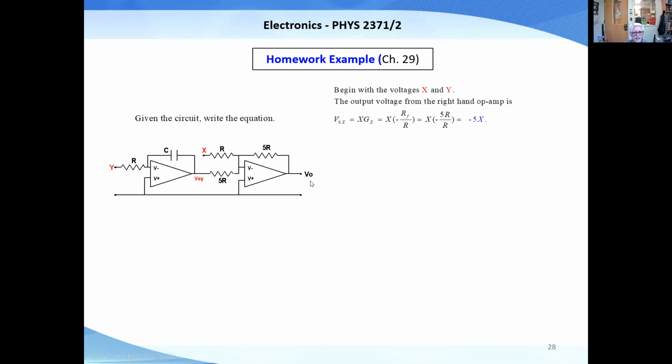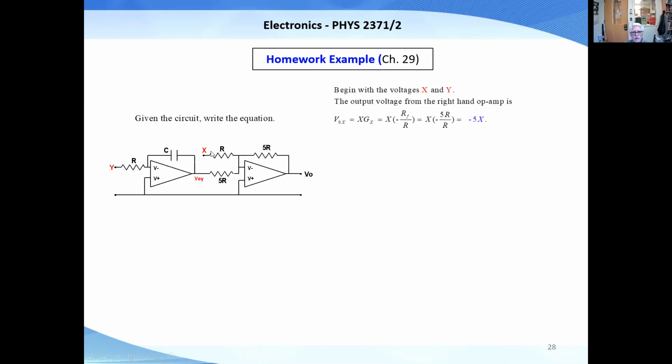So here's a circuit. X is a voltage, Y is a voltage, and V out is a voltage. If you apply a voltage here on X, the gain of these two resistors is going to be minus 5R over R, or minus 5.